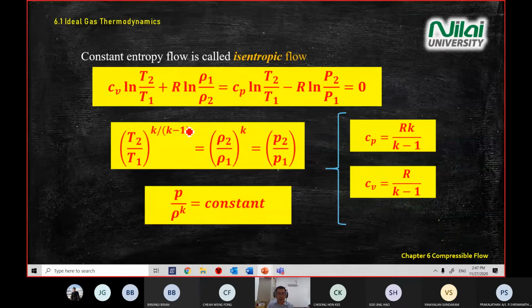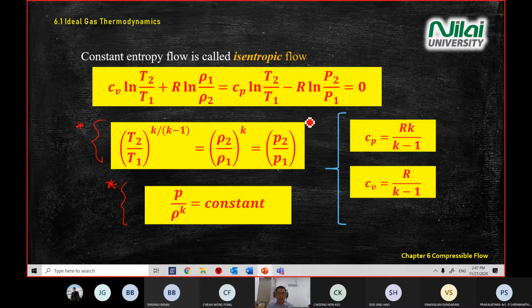Okay. Then the next one is this one. This and this are also important formulas for this chapter. So this top equation is for isentropic flow. And then this one is when we have an ideal gas scenario.